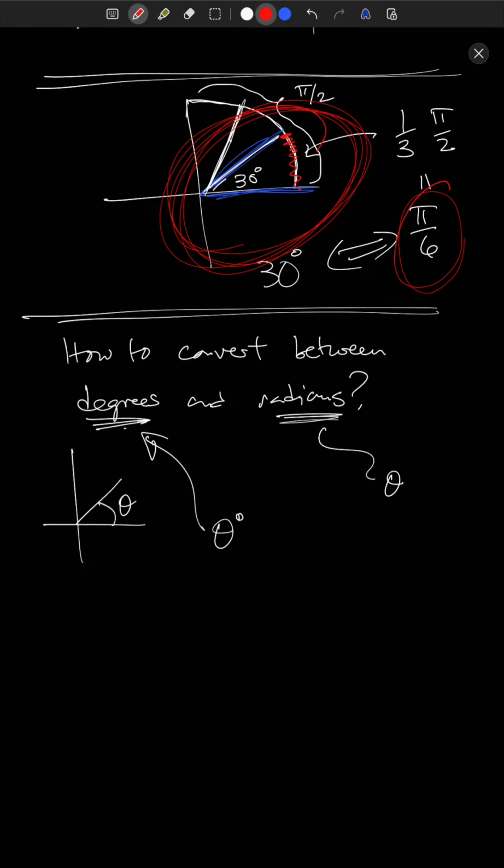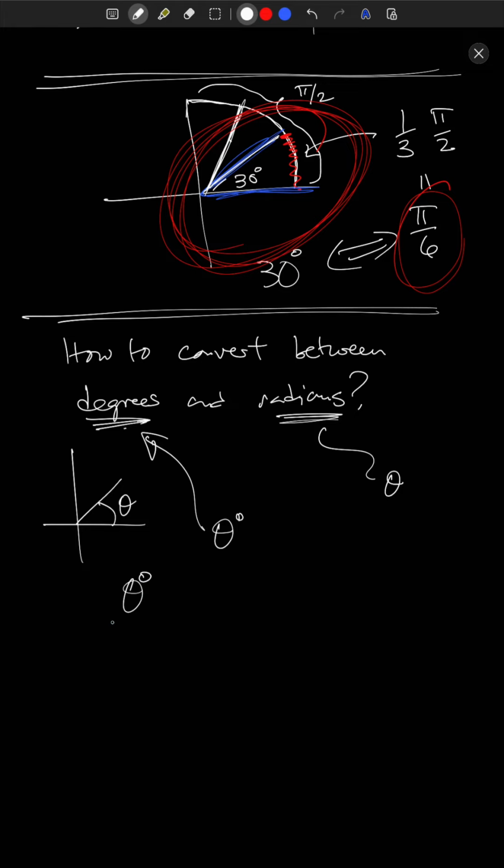All right. Okay, so if we think about ratios, theta degrees is a portion of the full circle's worth of angles, right? How much of a portion? Well, in total, a full circle has 360 degrees, and we're considering theta degrees of them, right?